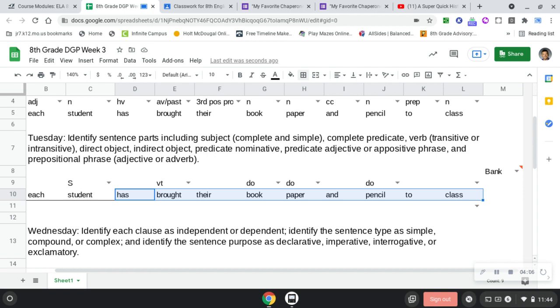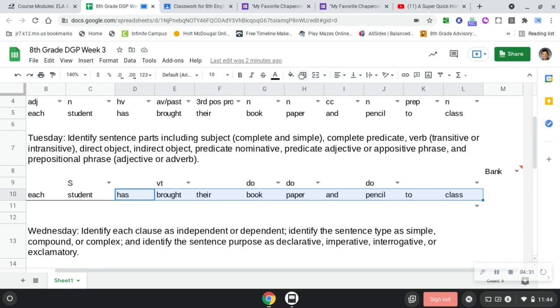A lot of times, if we look at clauses and not sentences within the clause, once we find the simple subject, the rest of the clause to complete the thought is our complete predicate. So remember, we highlight all of them. It's simple to highlight. We can hold down Shift after we've highlighted one and then hit an arrow over, or we can hold down Shift and click on the last box.